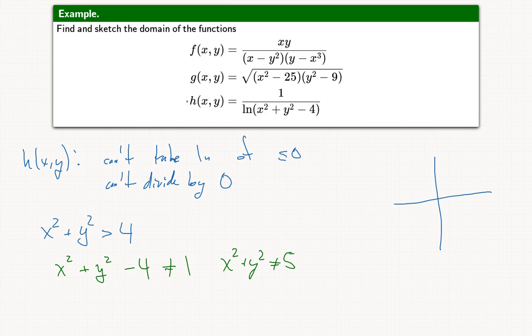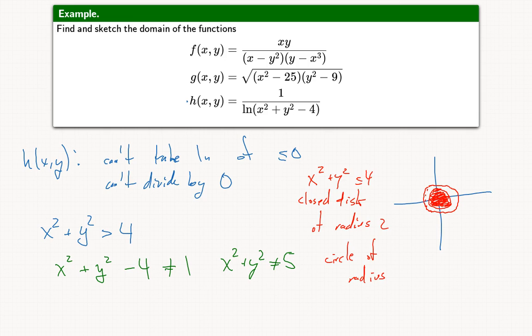In red, we're not allowed to have x squared plus y squared less than or equal to 4. So this is a closed disk of radius 2. But then we are also removing a circle of radius square root 5 from the domain.